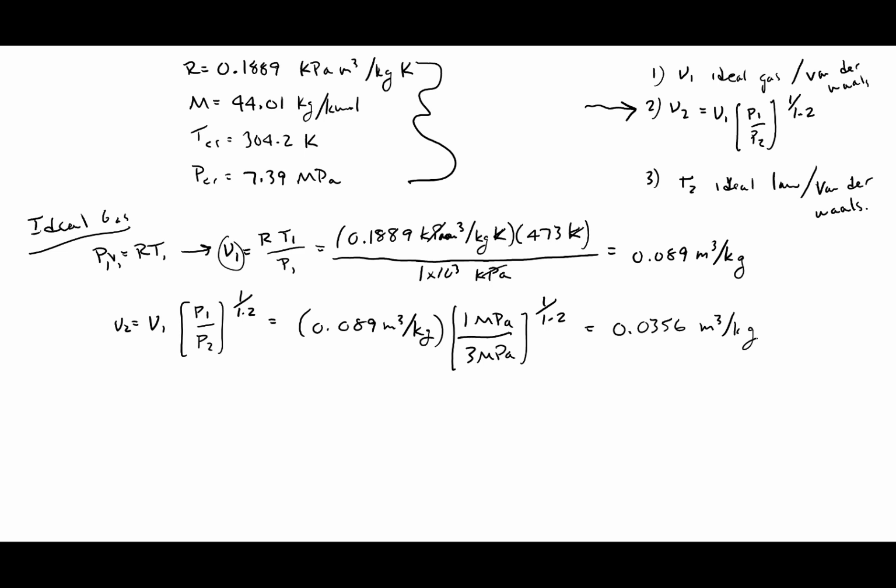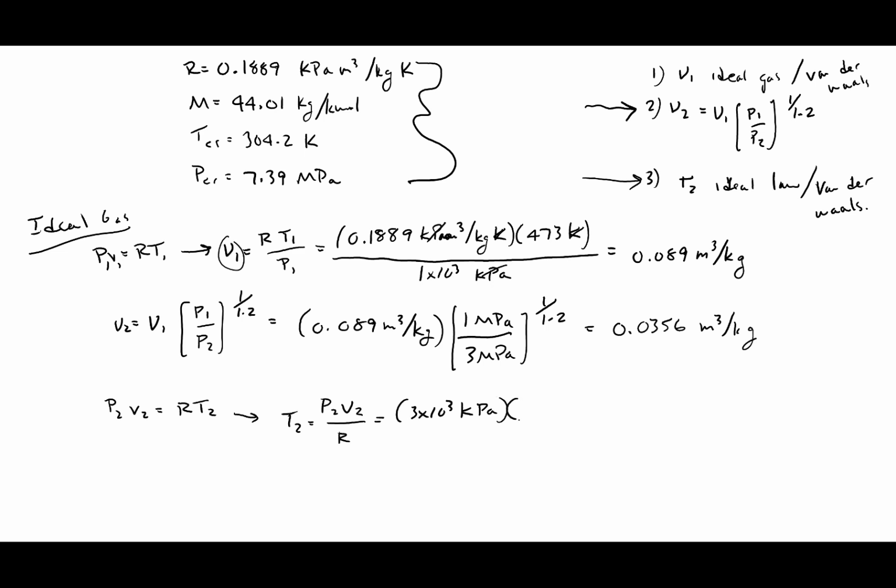Now we can use the ideal gas law to calculate the final temperature, because we know that P2 V2 is equal to R T2. So T2 is equal to P2 V2 over the gas constant. P2 is 3 megapascals, so this is 3 times 10 to the third kilopascals.